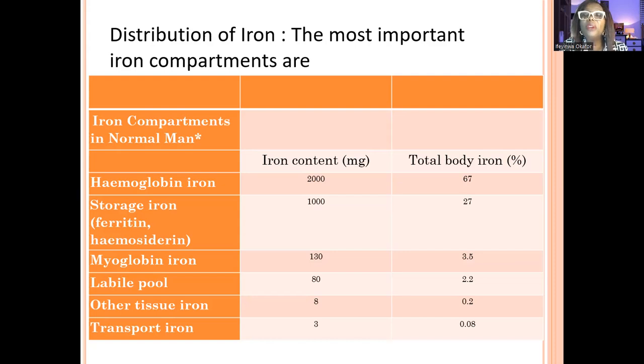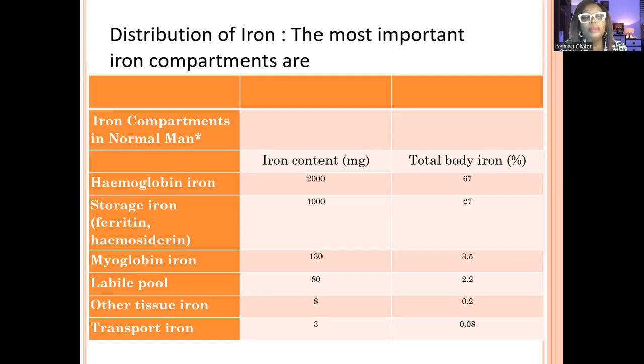Now we have hemoglobin iron. The iron content of hemoglobin is about 200 milligrams. And hemoglobin, like we said earlier, is the compound that contains the largest amount of iron in our system. It takes up about 200 milligrams of iron, and this is about 67% of total body iron. We have storage iron, which is ferritin and hemosiderin, containing about 1,000 milligrams of iron, and this is about 27% of total body iron.